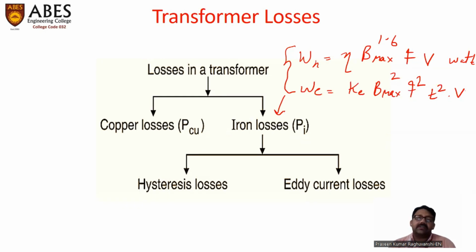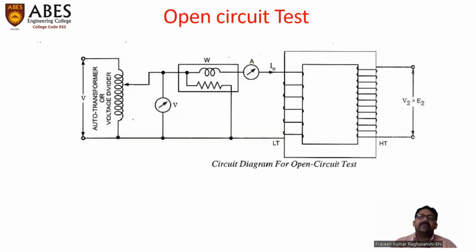Now, the important point: how can we measure these iron losses? The iron losses of a transformer are measured by performing the open circuit test. Here is the experimental setup of the open circuit test. Here we can see that we have a transformer. On the primary side, we have connected a source of variable AC supply in the form of a variac or autotransformer, and along with the autotransformer, a voltmeter, a wattmeter, and an ammeter are connected on the primary side, with the secondary winding of the transformer kept open.